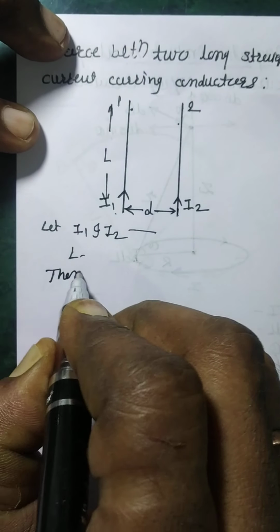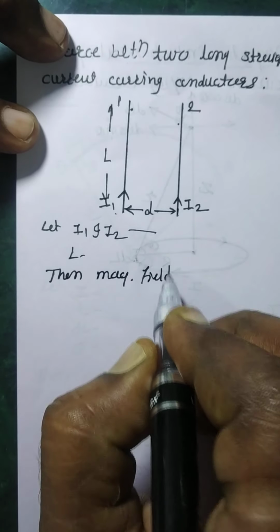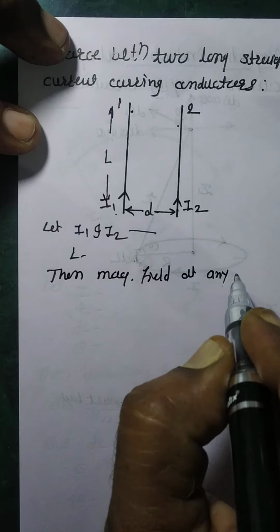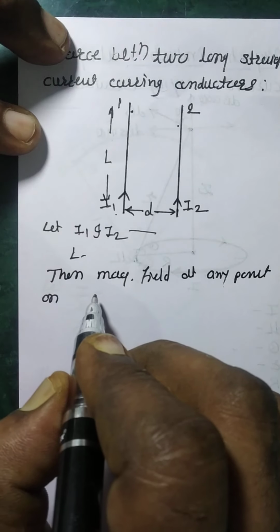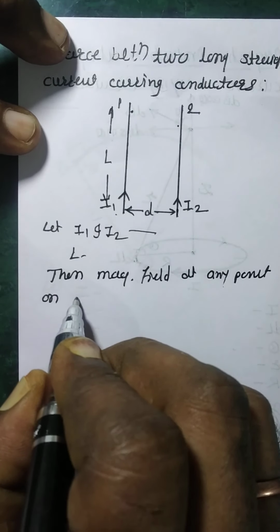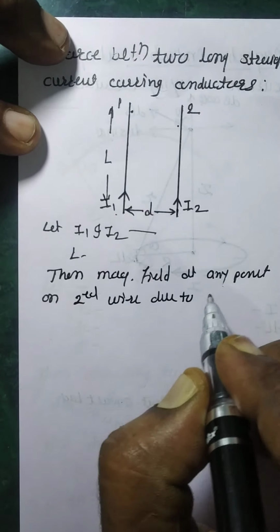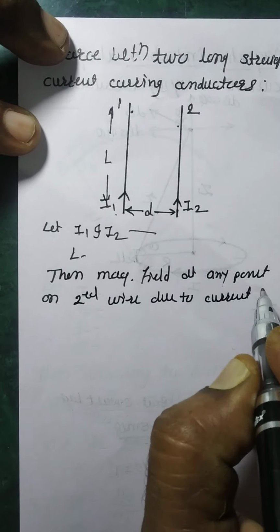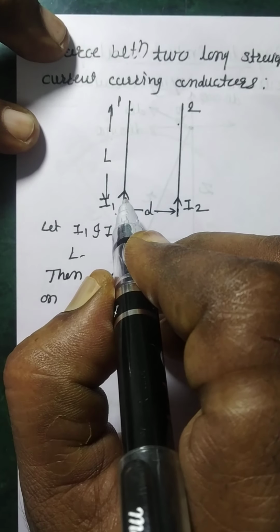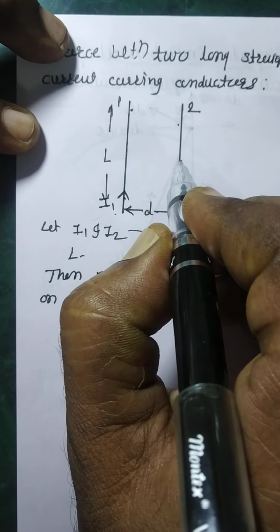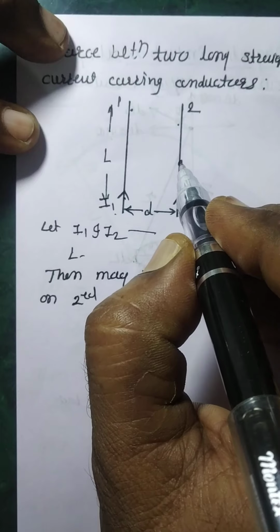Then the magnetic field at any point on the second wire due to current in the first wire. That is, the magnetic field created at this place due to this current.